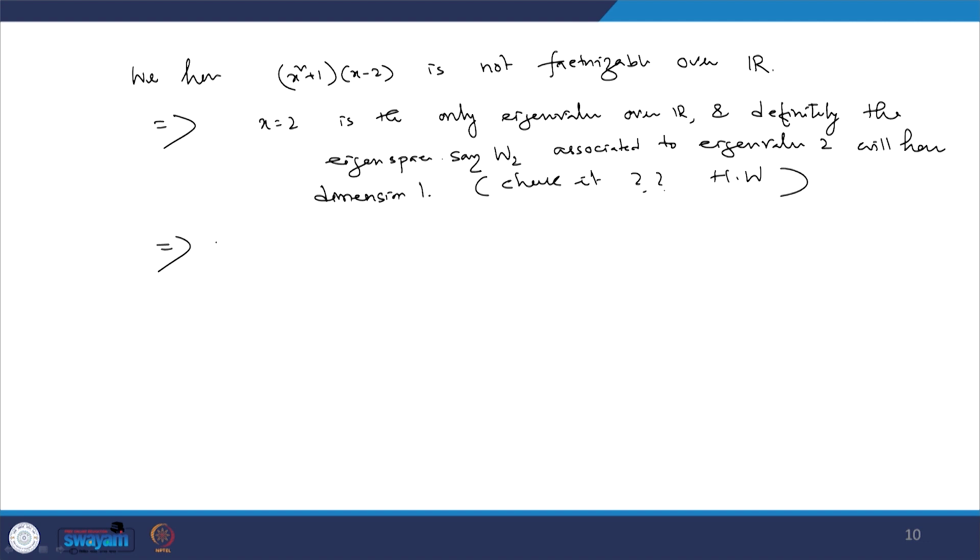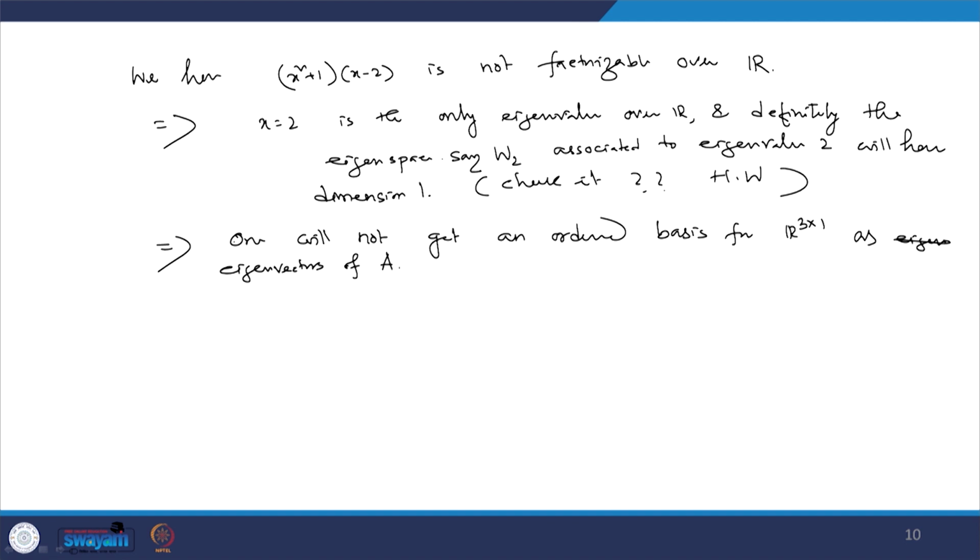So, this implies that I will not get an ordered basis for R^(3x1) consisting of eigenvectors of the given matrix A. So, this implies A is not similar to a diagonal matrix over R. The dimension of W2, which I asked you to check, is basically 1.